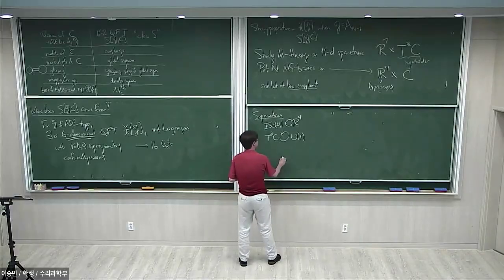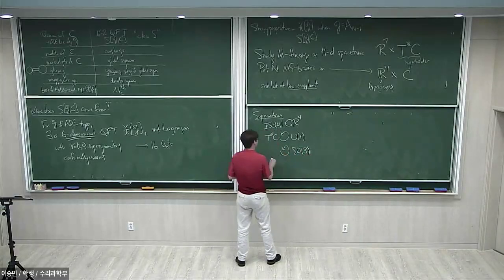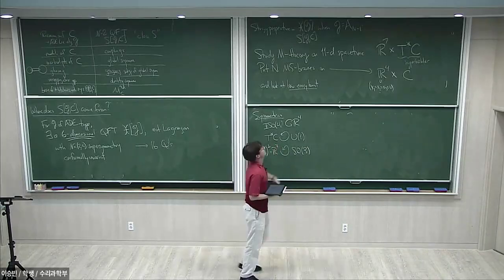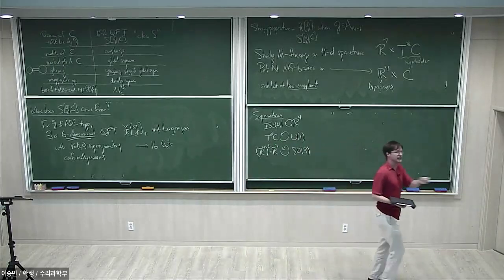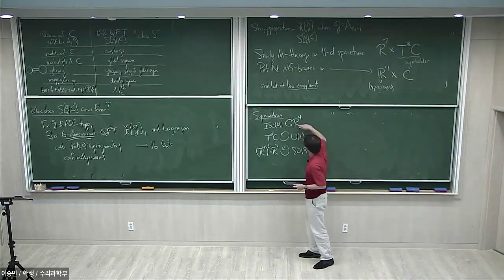And then also there's SO3 acting on the orthocomplement of R4. So we have R7, we divide into R4 plus R3. On the R4, that's our spacetime, the spacetime of the class S theory. That has the usual ISO4.